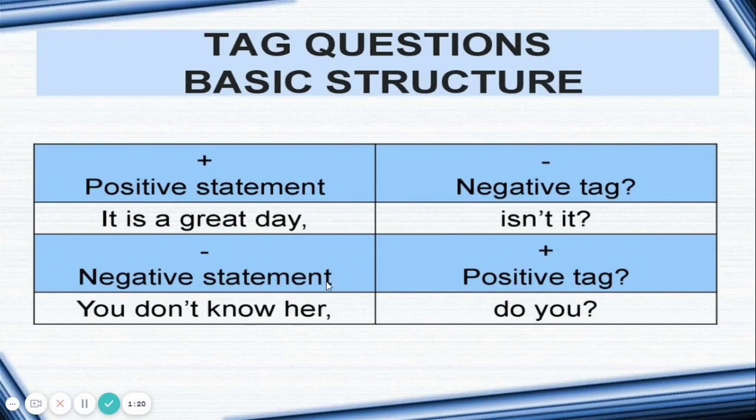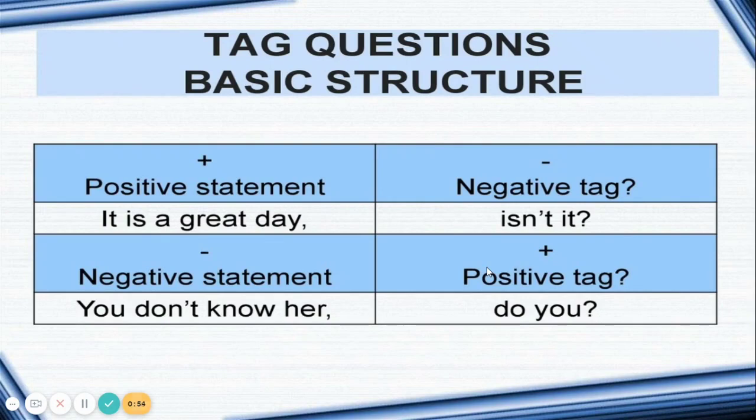Negative statement: you don't know her. But in the negative statement, while it is changing into a positive tag, we will neglect the n't and we will write do you, and you must mark a question mark at the end. Okay, I hope you have all understood what I have said, isn't it?